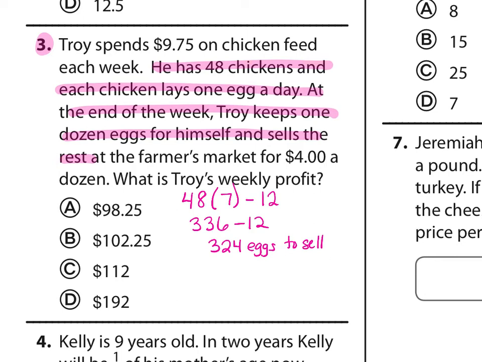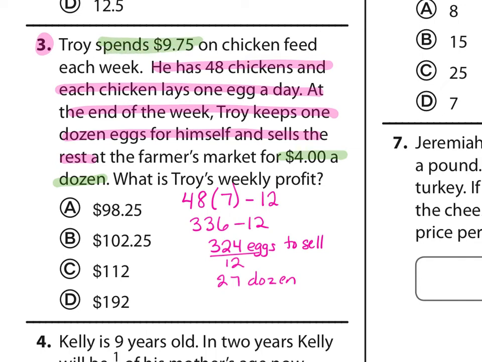He makes $4 a dozen, so let's divide that by 12 to get how many dozen that is. So he has 27 dozen. Now with that 27 dozen, he makes $4 a dozen, but he did spend $9.75 on chicken feed.